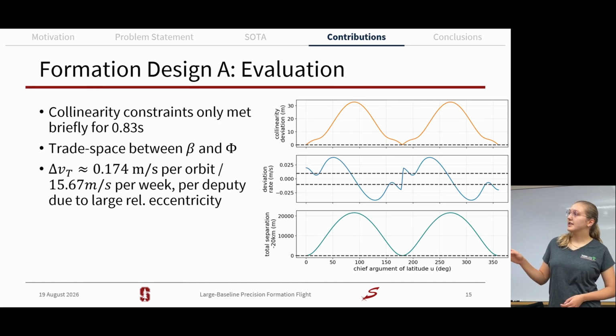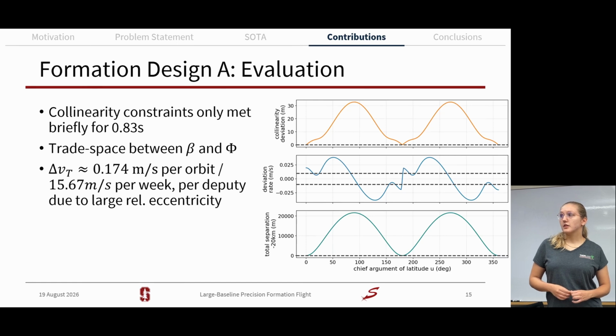You can see that right in the middle at 180 degrees is when we meet the collinearity deviation requirement the best. However, that is when we have a high spike in the deviation rate. And taking all of these together, we only meet all the constraints in the same interval for 0.83 seconds.